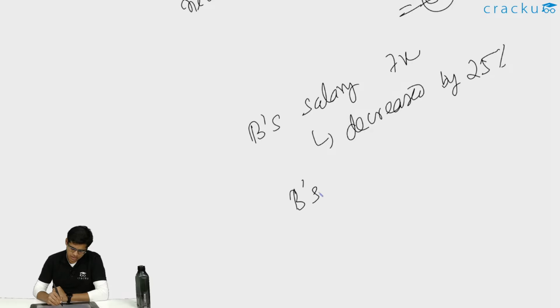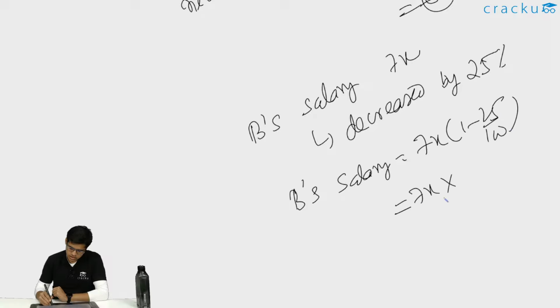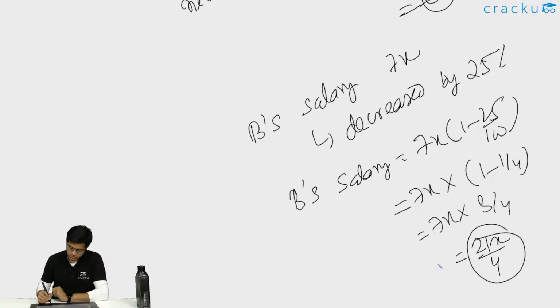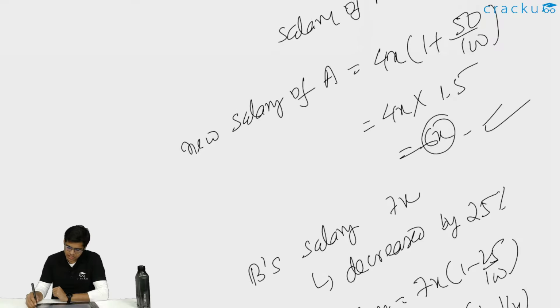So what is B's salary? B's salary will be 7x into 1 minus 25 by 100. 7x into 1 minus 1 by 4. 7x into 3 by 4, which is 21x by 4. So B salary is 21x by 4. A salary is 6x.